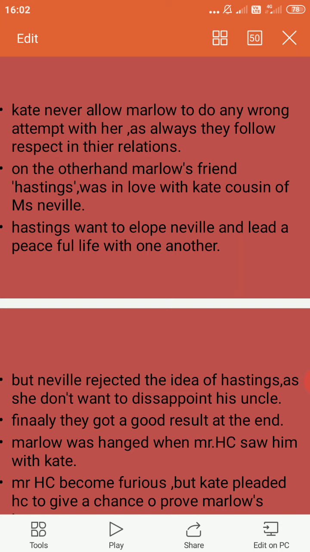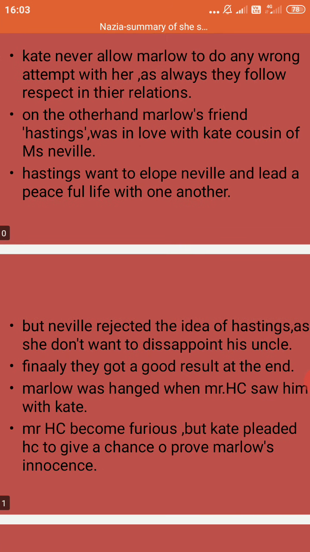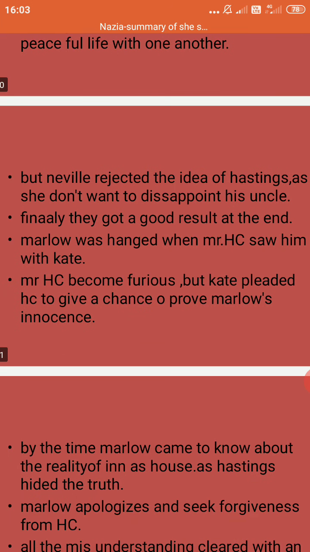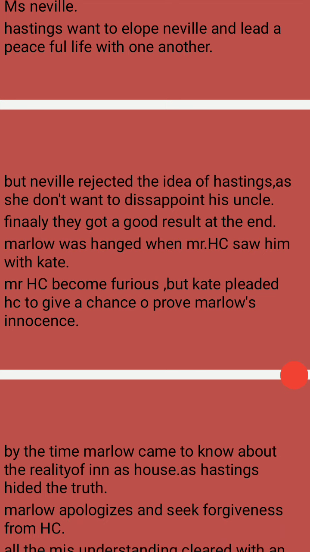Hastings was thinking that if he revealed the strong affair between Hastings and Neville, definitely the family wouldn't allow them to get married and lead a family life. So Hastings decided to elope with Neville, but Neville rejected Hastings's idea as she didn't want to disappoint her uncle. Finally, they got a good result at the end.